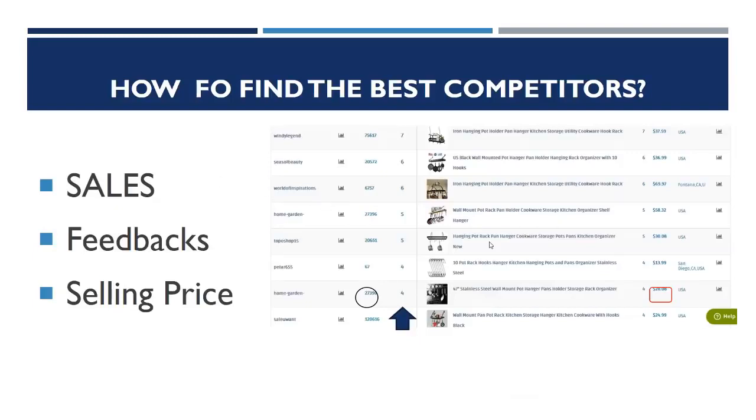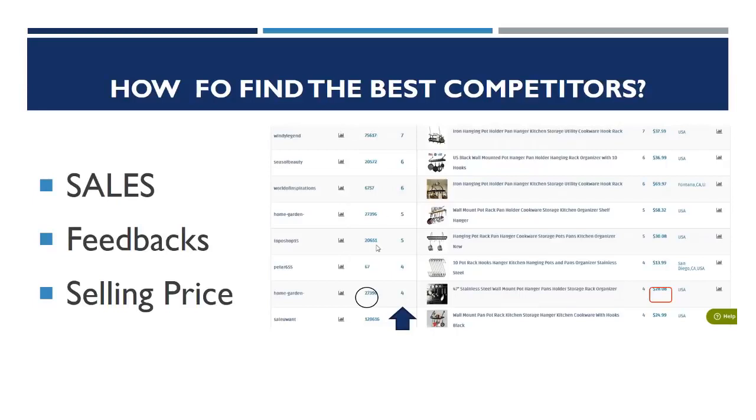So here is an example, and here I'm going to show you how we are going to find the best competitors. Okay? Very simple. There are three things we need to understand after we make the search on the title, and we get the result here. You can see the result. We see the list of the sellers, the name of the sellers. We have the button to scan the sellers.